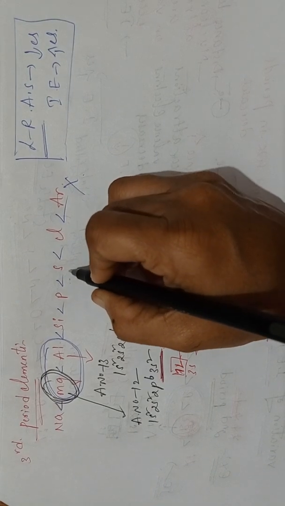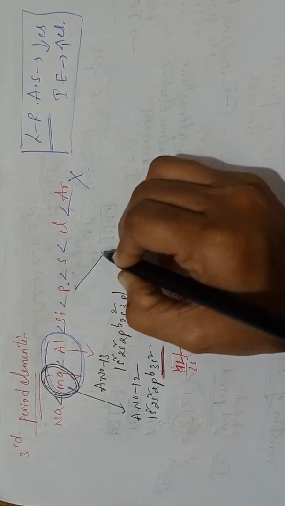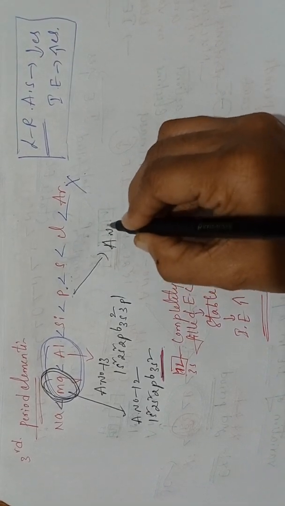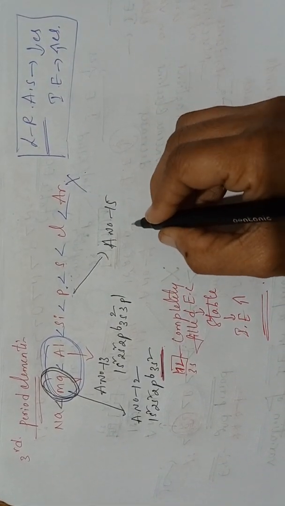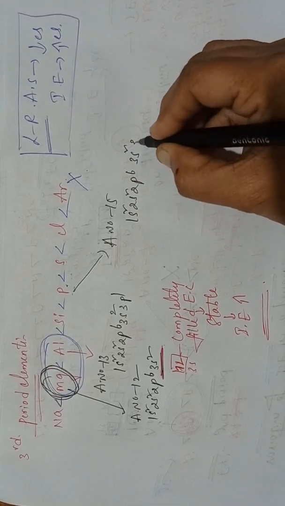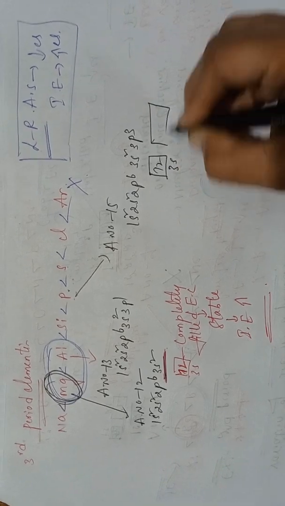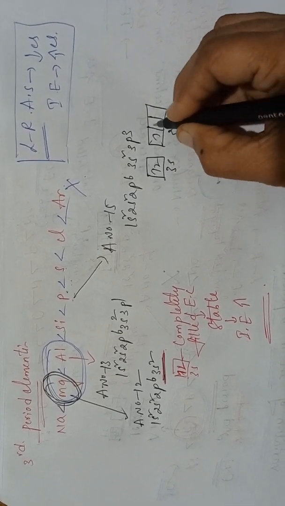And in the case of phosphorus and sulfur, phosphorus has atomic number 15, electronic configuration 1s2 2s2 2p6 3s2 3p3. That means in 3s2 two electrons, in 3p how many electrons? Three electrons.